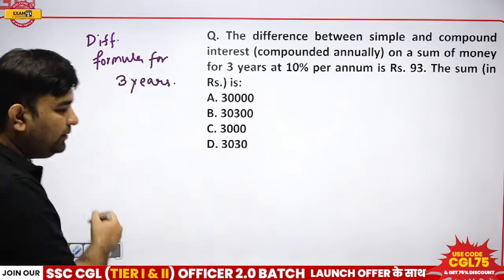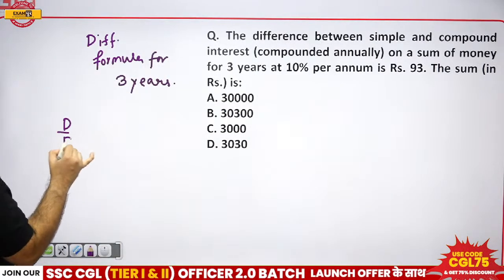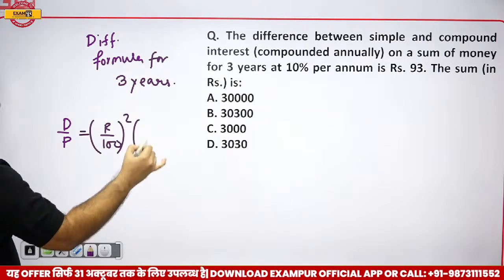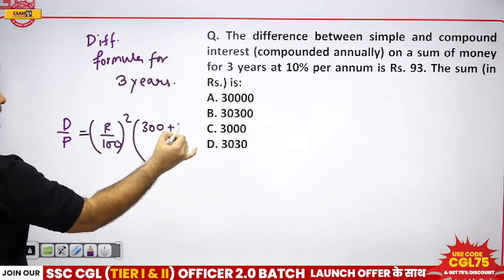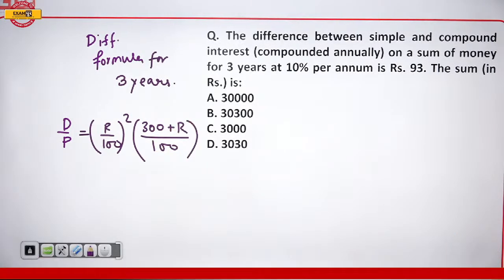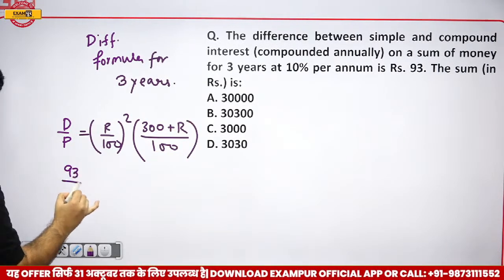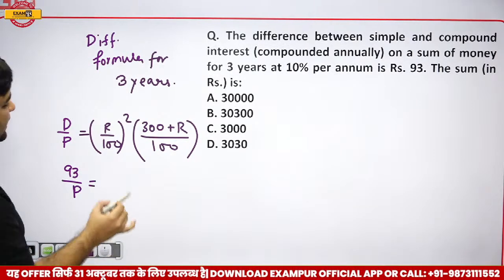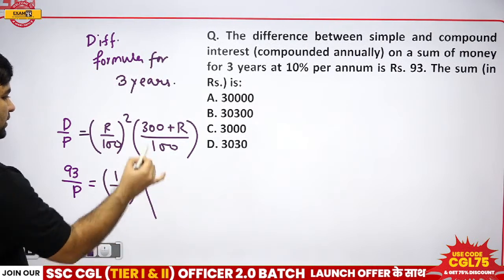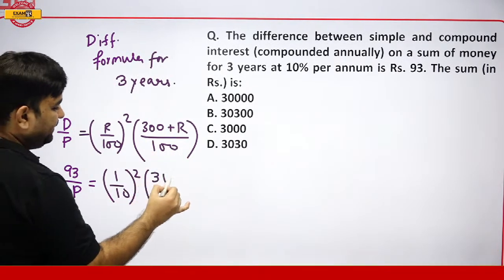It's very simple: difference over principal equals r over 100 whole square into 300 plus r over 100. Difference is 93. We want to find out the principal. Rate is 10%, 10 by 100, 1 by 10. 1 by 10 whole square into 310 divided by 100.